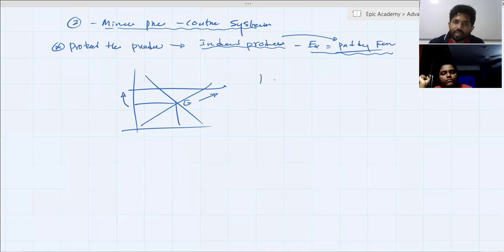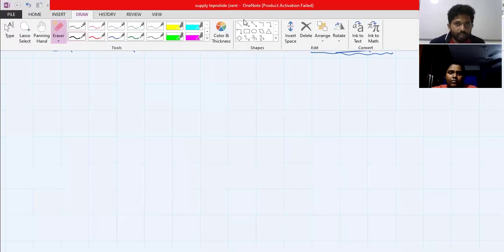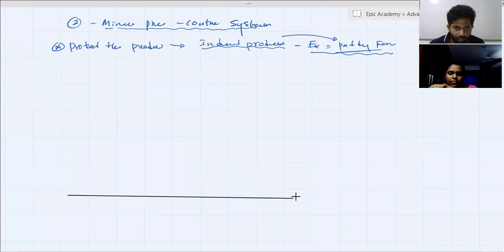Because increasing the price always increases the quantity supplied, and always increases the revenue and income of the producers. So that is how we are going to protect the producers in the market. I will describe this situation by using a graph.